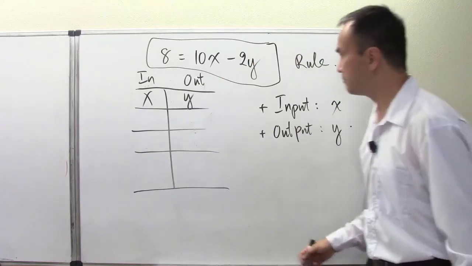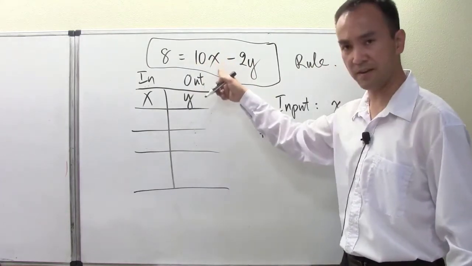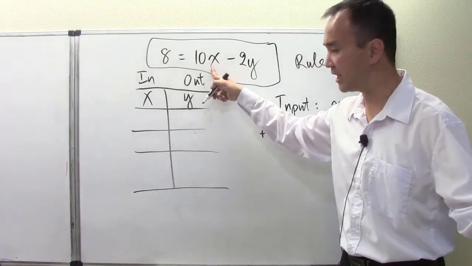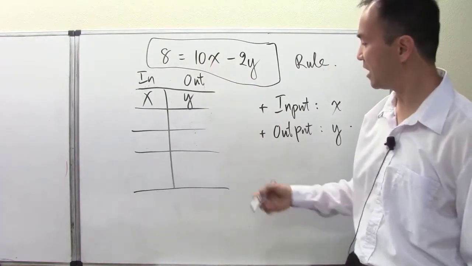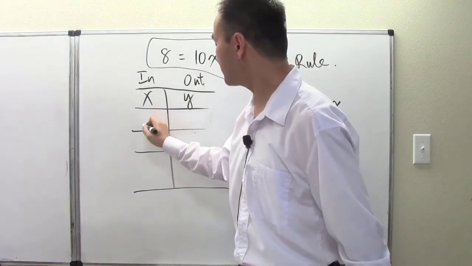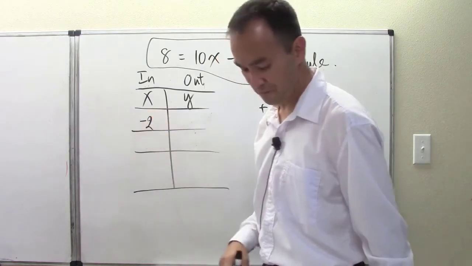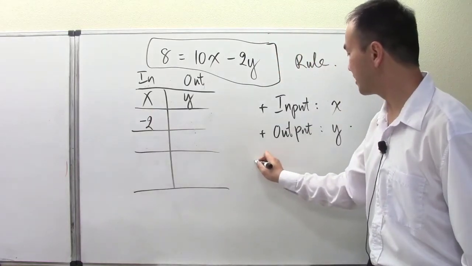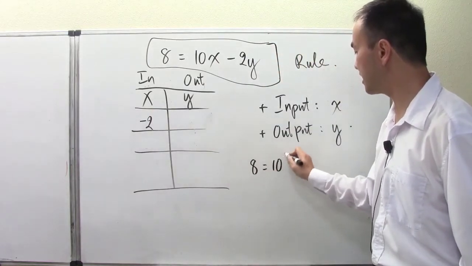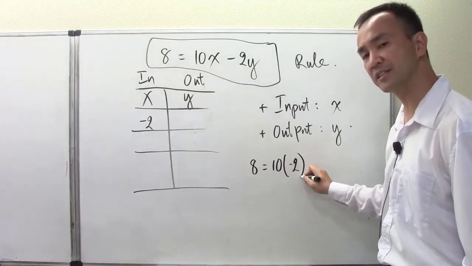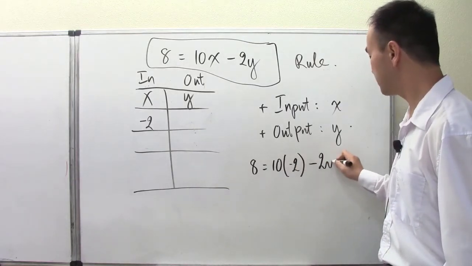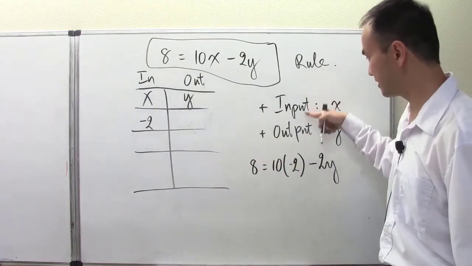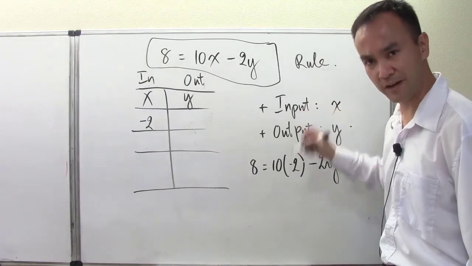Okay, so this time in this equation I chose x. I picked x randomly to be the input right here. So if x is -2, in this equation it becomes 8 equals 10 times -2 substituted for x minus 2y. That's the rule. It relates the two variables together.